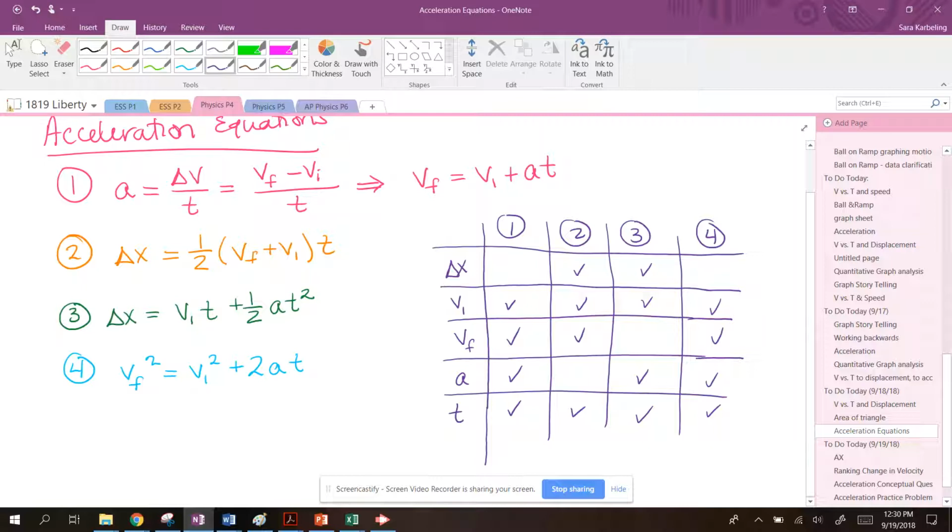Oh my gosh, you know why? Because I wrote this down wrong. I am so sorry. Change this right now. Holy cow, totally just made a mistake. I apologize. This should not be a T. That's totally my bad. This should be a delta X. Good thing we checked. Phew. It's like, that doesn't look right to me. This is better. So fix that.